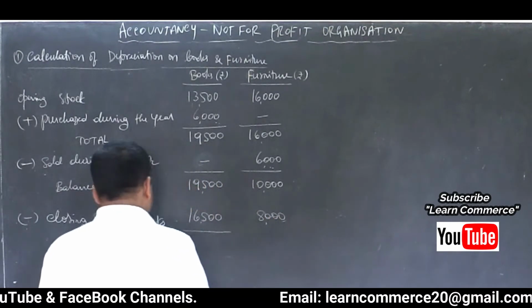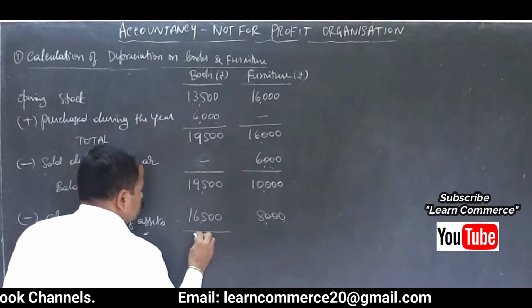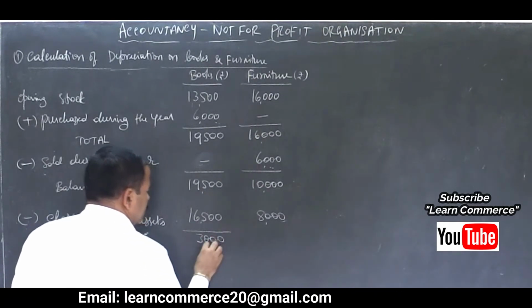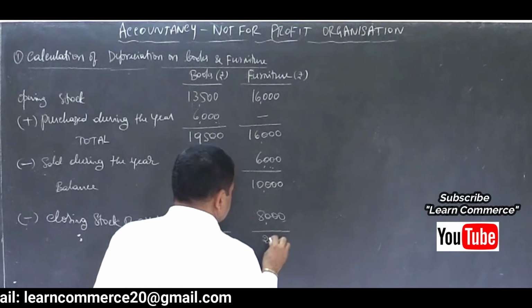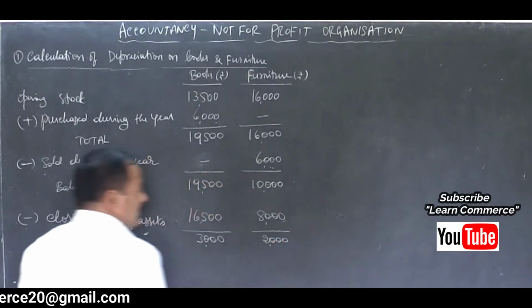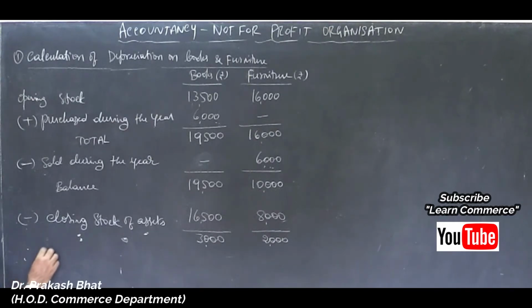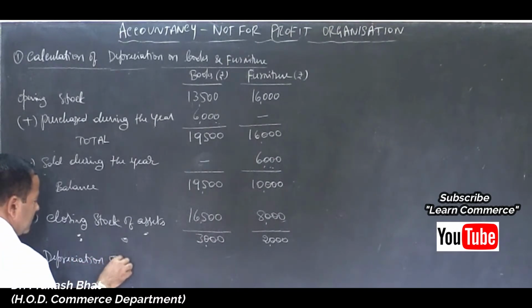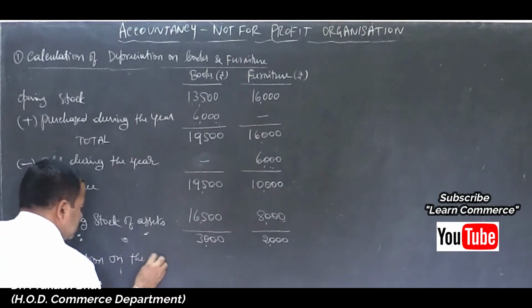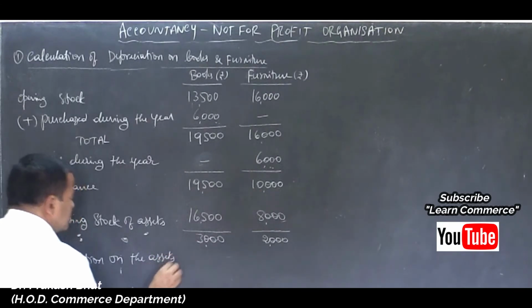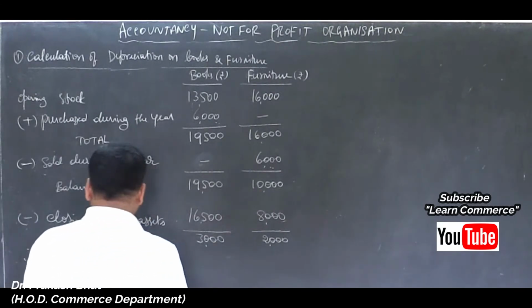Find out the difference. How much? 3,000. Here 2,000. This is nothing but depreciation on books and furniture. Therefore, depreciation on the assets, that is on books and furniture, isn't it?